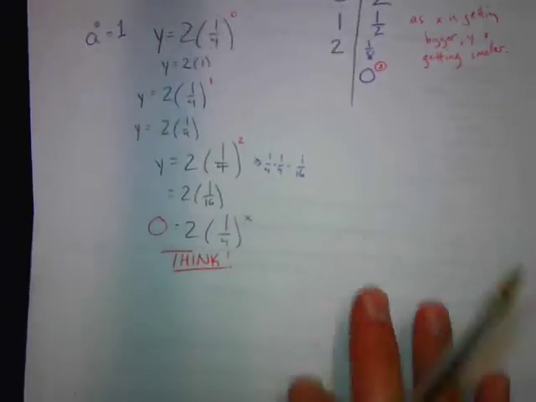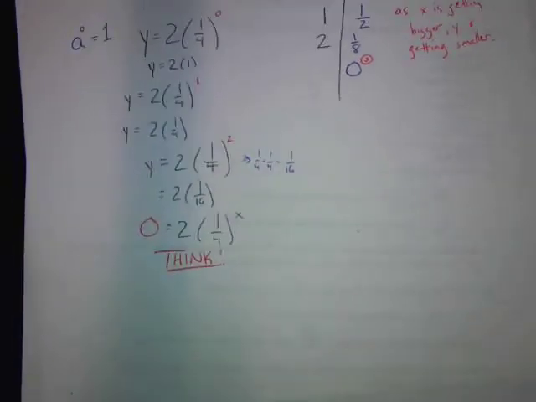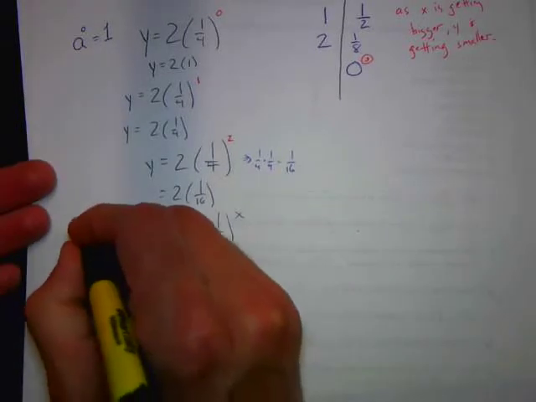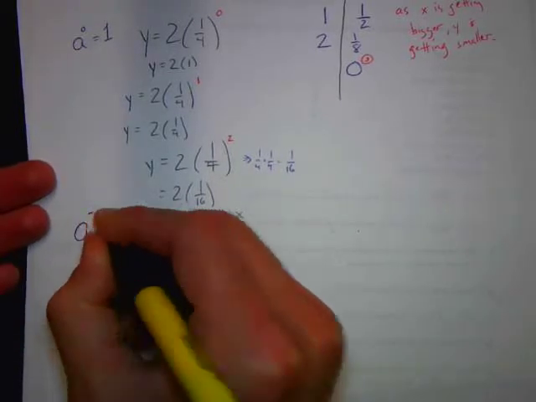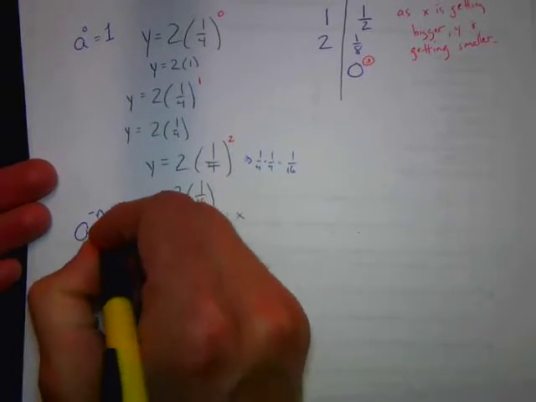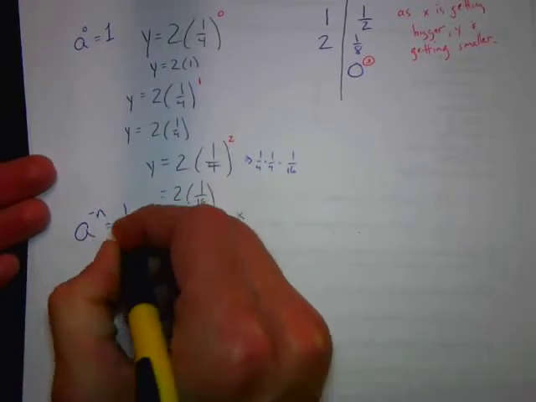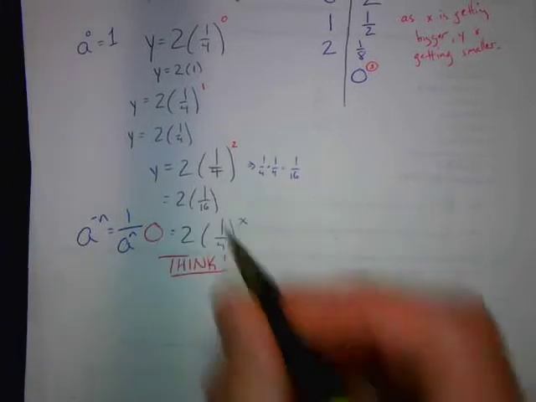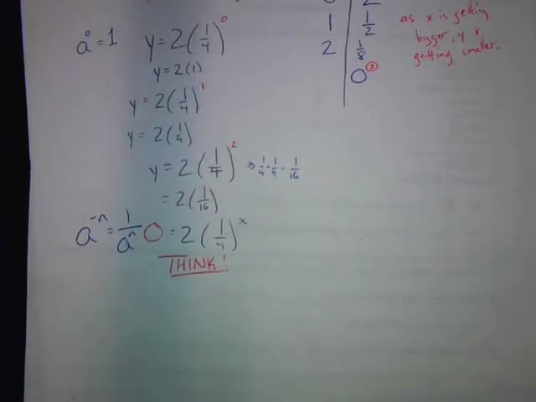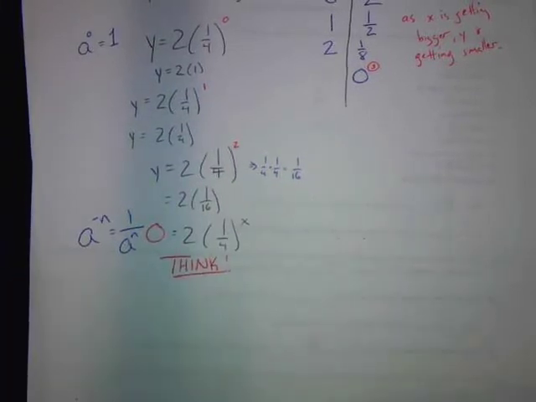But what about this other law at play? What if x was negative? Do you remember the other law that dealt with negative exponents? Anything to the negative power is 1 over that thing to the positive power. Does it change the fact that this is a positive thing? No. So we have to think.